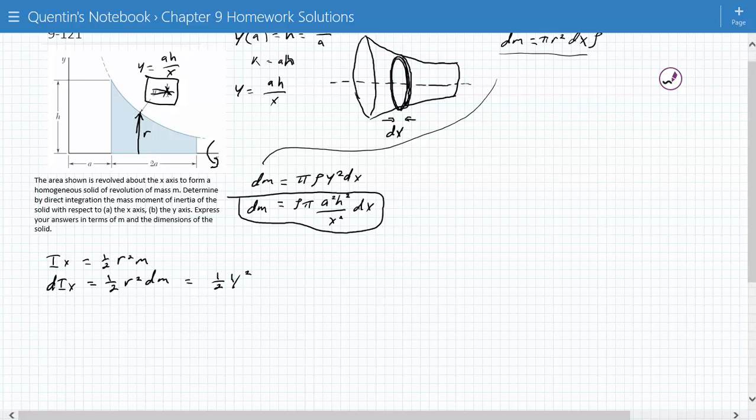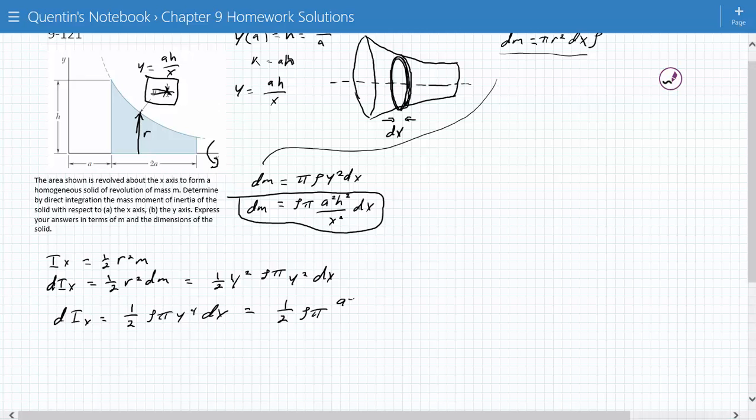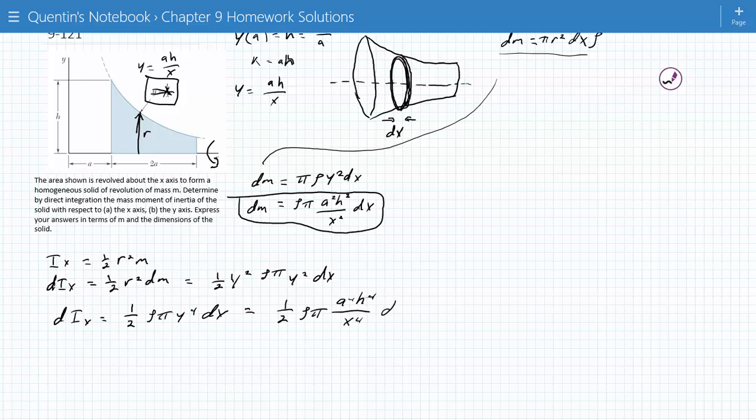So it's 1/2 y squared times rho pi y squared dx. So my dIx is 1/2 rho pi y to the 4th dx. Then I can replace this y, so this is equal to 1/2 rho pi a to the 4th h to the 4th over x to the 4th dx.